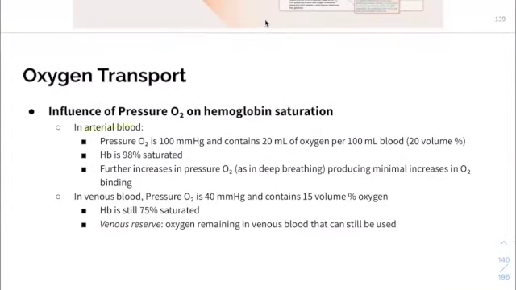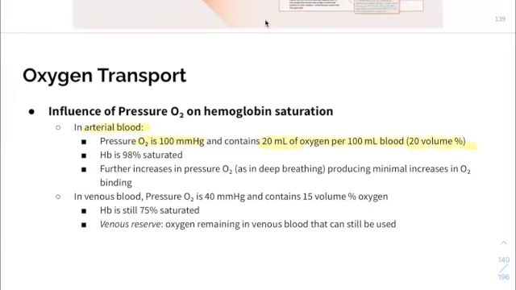So we already had mentioned earlier that that pressure of oxygen in our arteries, it's right around that 100 millimeters of mercury. We have about 20 milliliters of oxygen per 100 milliliters of blood. So we are keeping it at about a 20% volume.